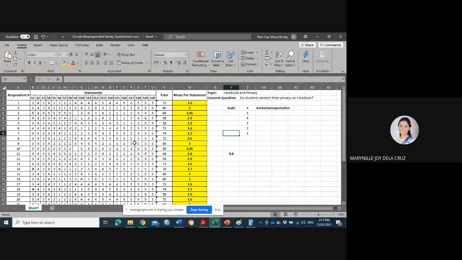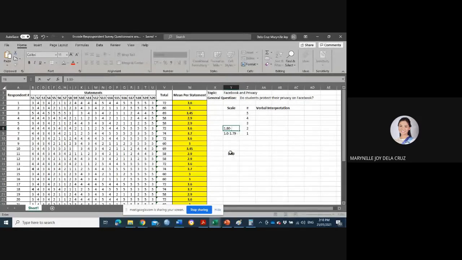So what will be your class interval? You start with 1.0 because this one is 1. So 1.0 dash. What will be the next? 1 point 8? Are you sure? 1.79. Then 1.80.